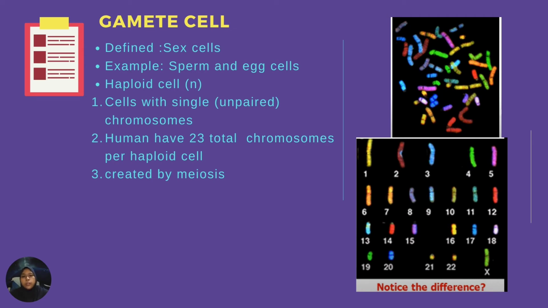In humans, haploid cells have 23 chromosomes. Remember, a diploid human cell has a total of 46 chromosomes, but a haploid cell has only half that amount, 23 chromosomes.